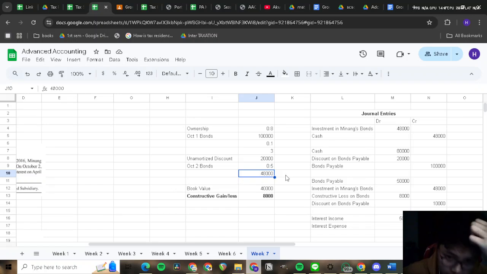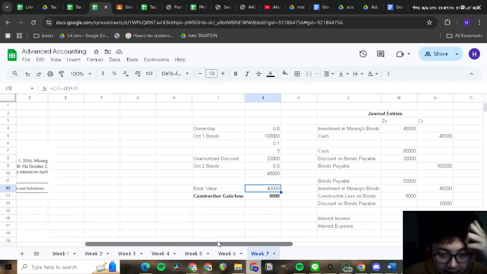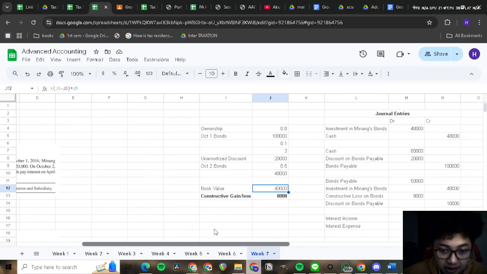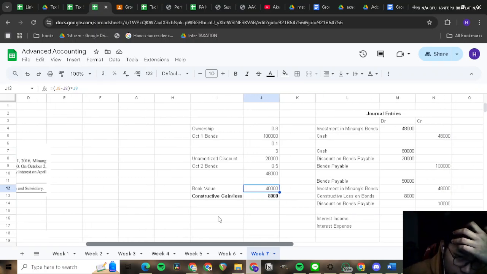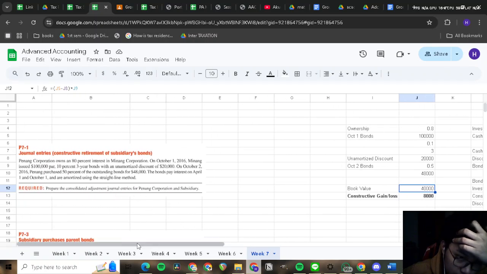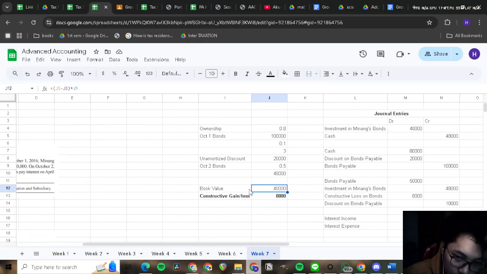So what I first did here is I determined the book value. Why do I need to determine the book value? Because that will allow me to calculate the gain or loss, or as we call it, constructive gain or loss. To do that, we basically want to compare how much we paid for the bonds with the book value.